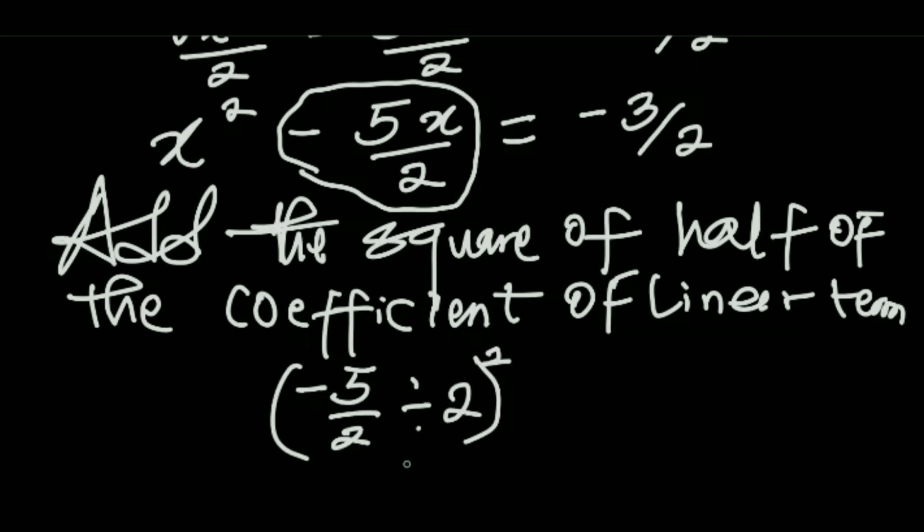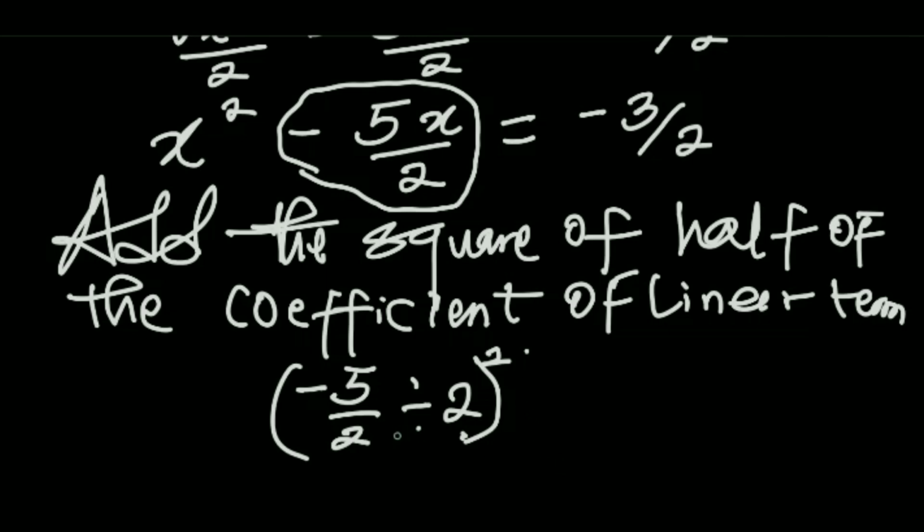This is what it means by the square of half. The square, that is why it is raised to power 2, of half. The word half means you are dividing an expression by 2.